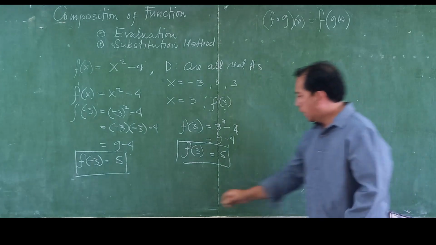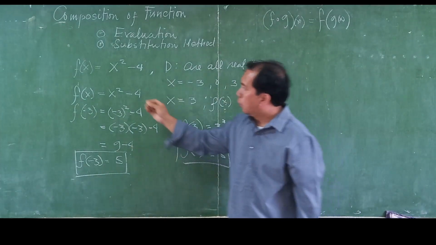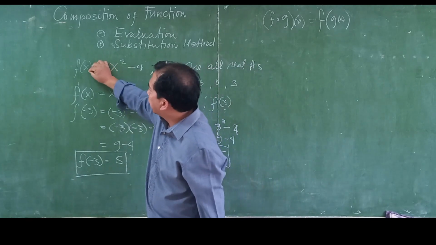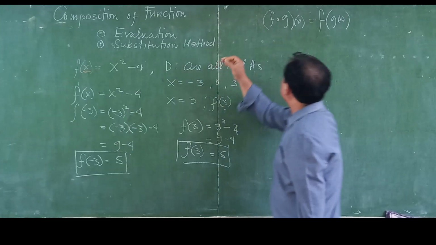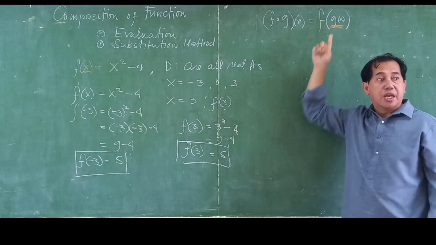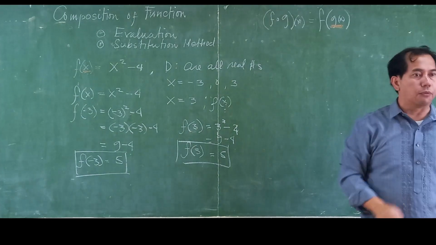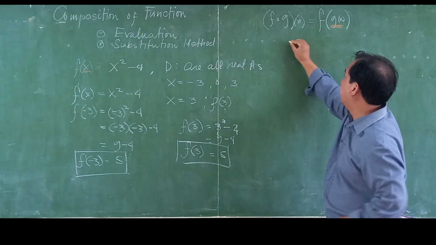Now notice that in the ordinary function or evaluation, what we are trying to use is just the value of x. But in here, what we are going to use as the value of x is the function itself. So, how are we going to make use of that one? Well, let's try that.